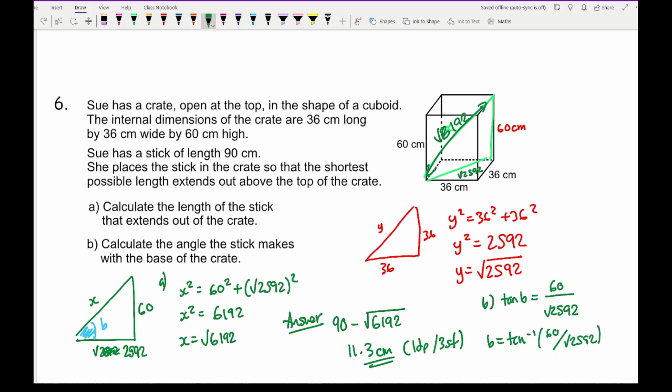And if I type that into my calculator now, I get an answer for an angle of 49.7. Again, that is to 1 decimal place or 3 significant figures. And there we go.